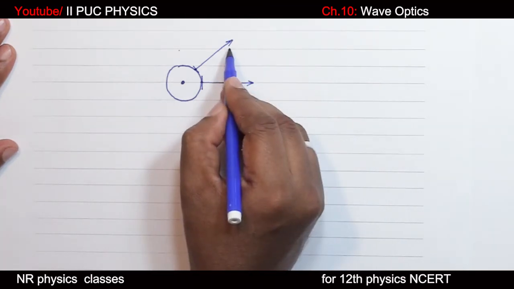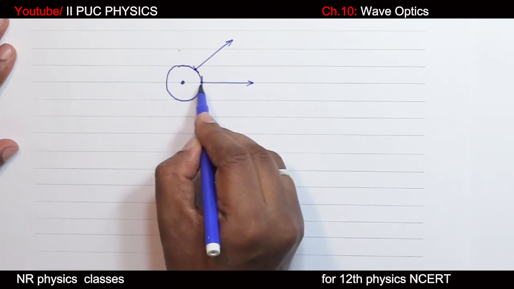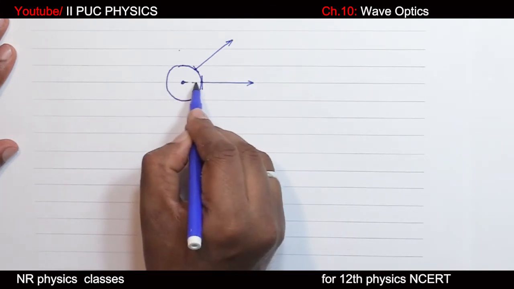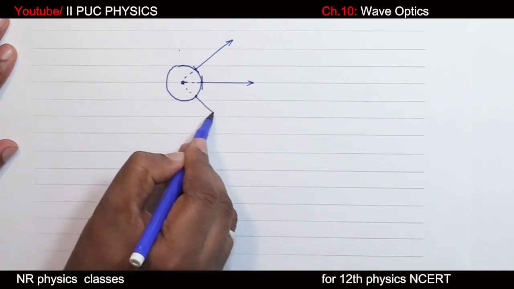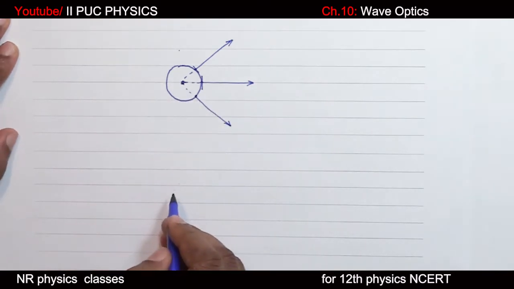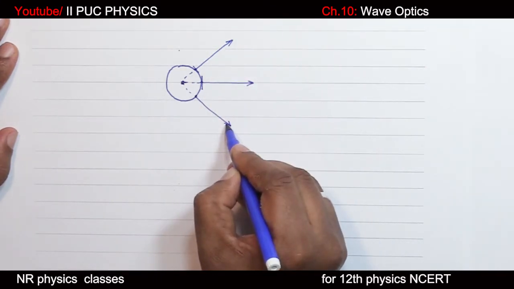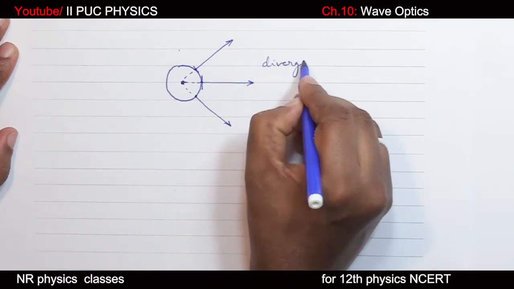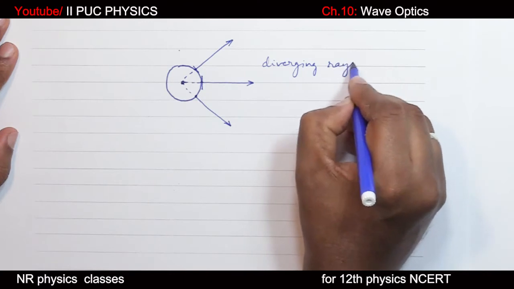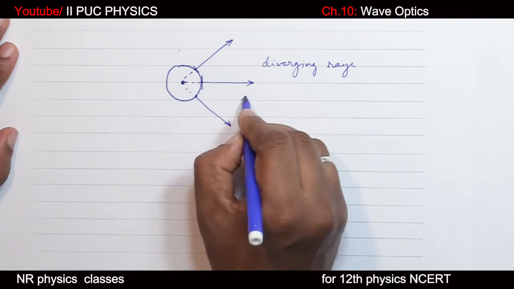From your high school, you know that a perpendicular drawn to a tangent of a circle is always along the radius, isn't it? So to draw the perpendicular at this point, I'll just draw this line along the radius. Now observe, these are rays, diverging rays. Diverging rays are nothing but a spherical wavefront.